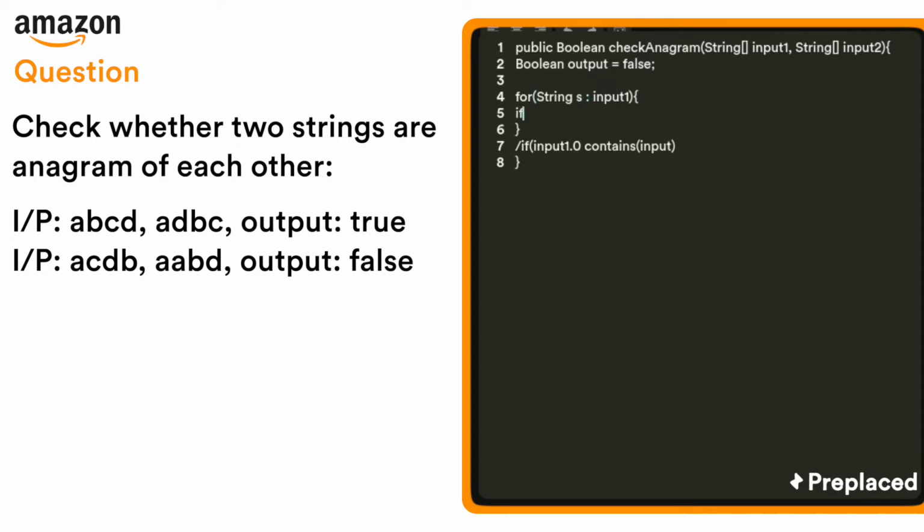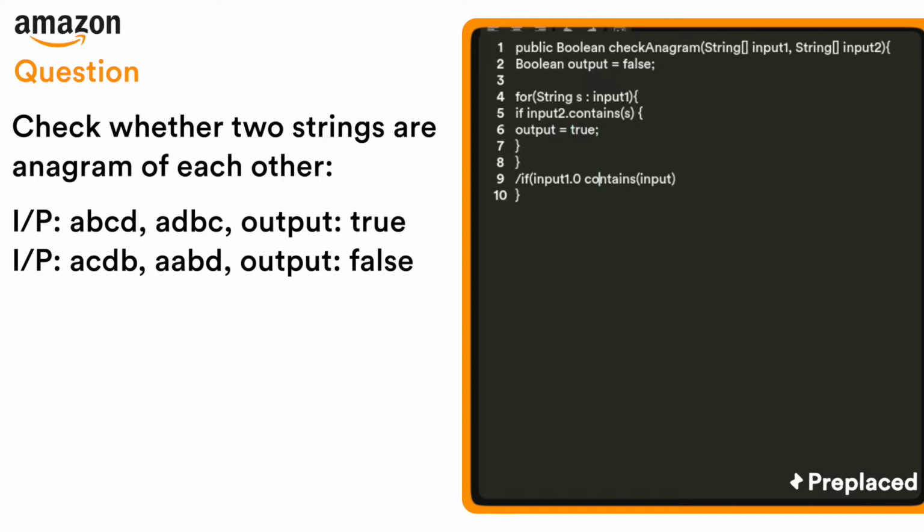So if input two dot contains s, if input two contains s, the first string, then boolean output equal to, let's say... now there will be a problem. Output will be true.